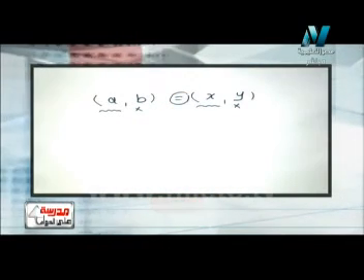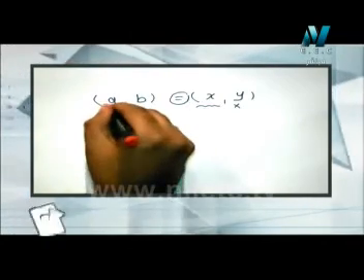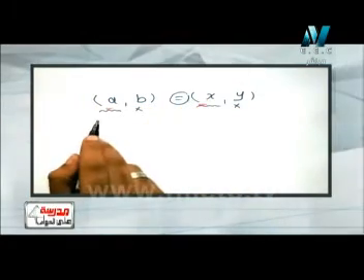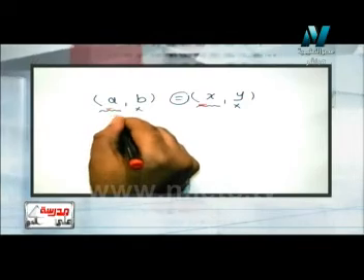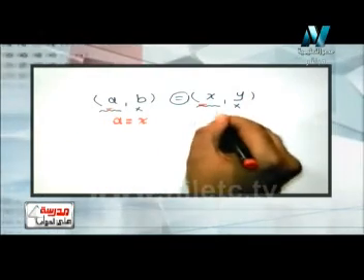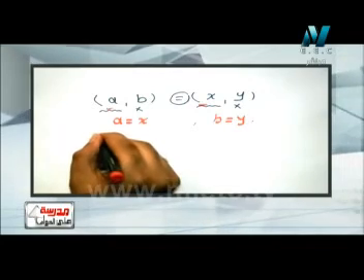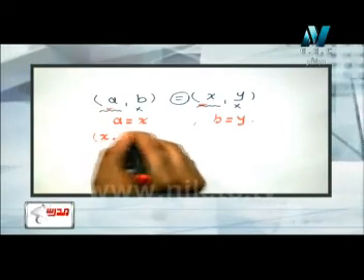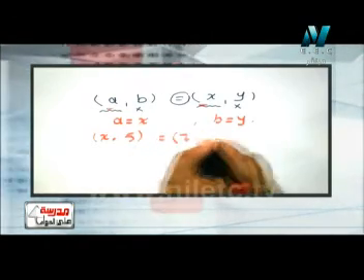The two ordered pairs are equal when the first number in the first ordered pair equals the first number in the second, and the second equals the second. So we can say A equals X and B equals Y.